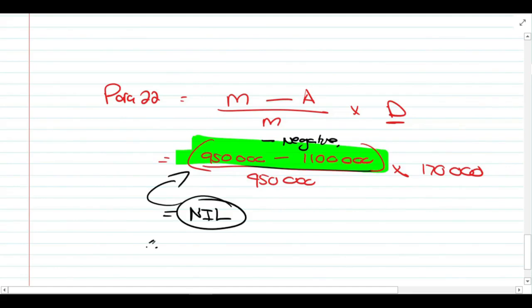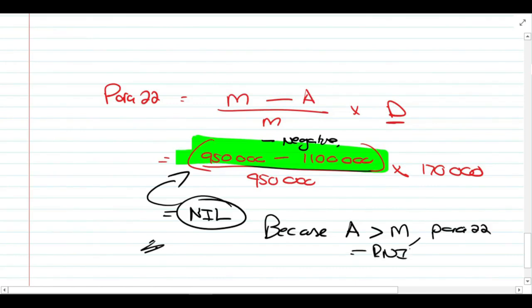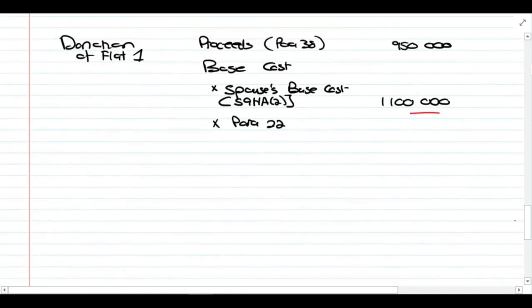So, in other words, because A is greater than M, paragraph 22 equals null. So if you said because the base cost exceeds the market value, it's null, that would have been fine. So paragraph 22 is null. Don't see that too often, guys. So be aware of it.